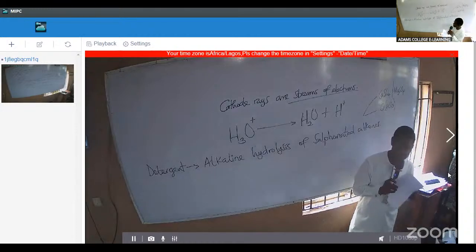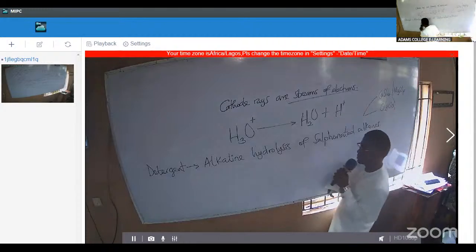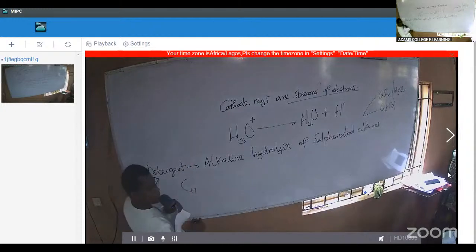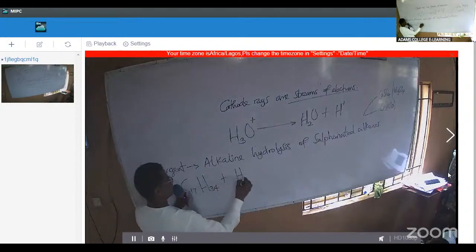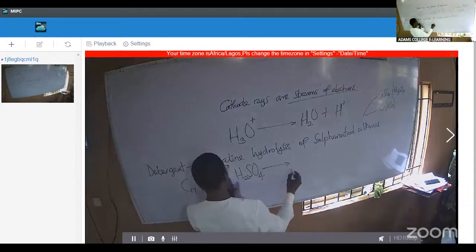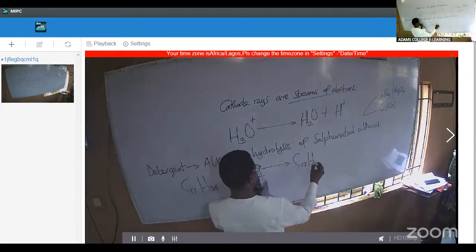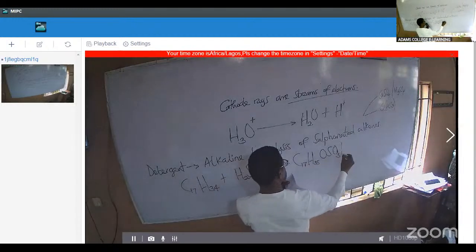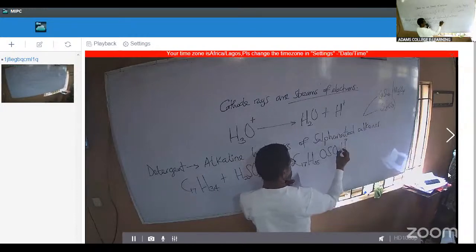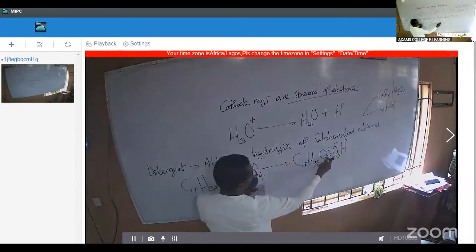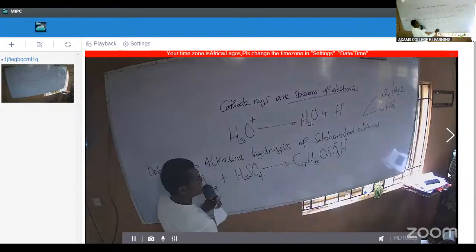You take one big alkane, let's say C17H34. You now add H2SO4. It will give us something like this: C17H35OSO3H. That's the way we normally write it. This is still SO4, but that's the way we normally write it.